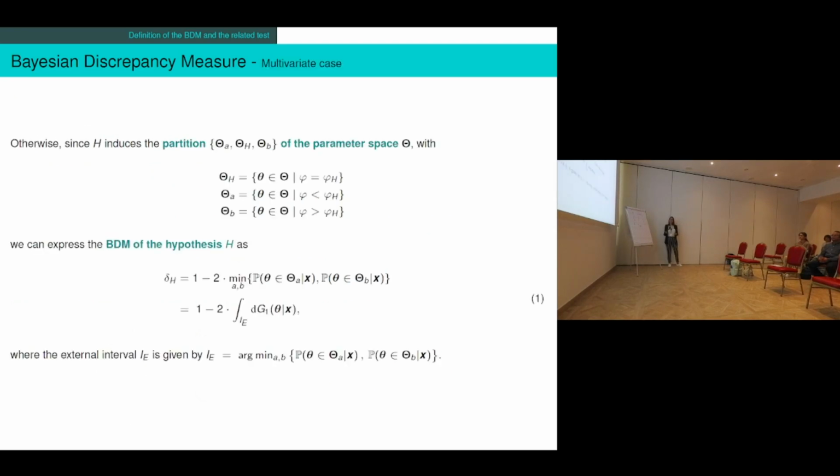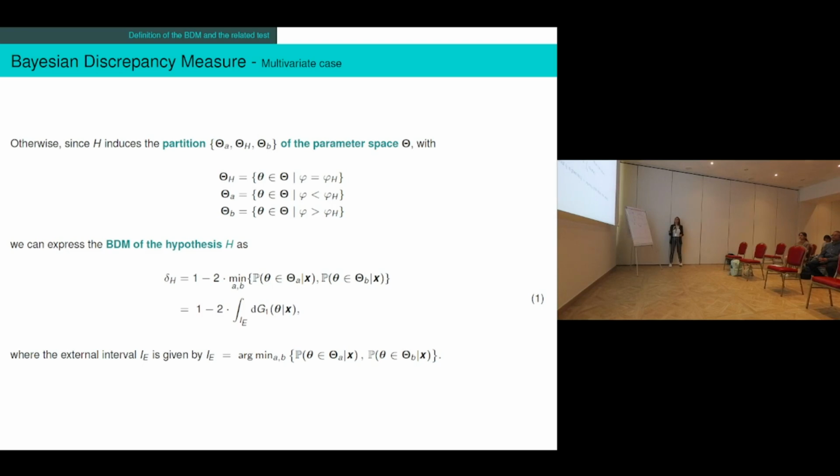Otherwise, if we cannot do that because the marginal posterior cannot always be computed in an exact way, then we consider the fact that that kind of hypothesis that we saw before induces a partition of the parameter space theta. So this is the partition.